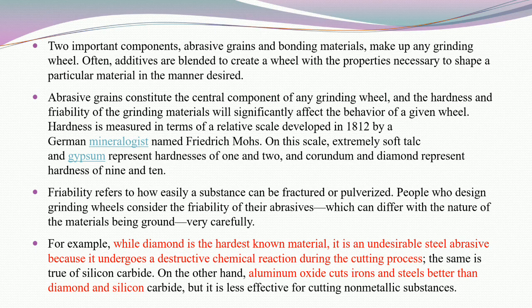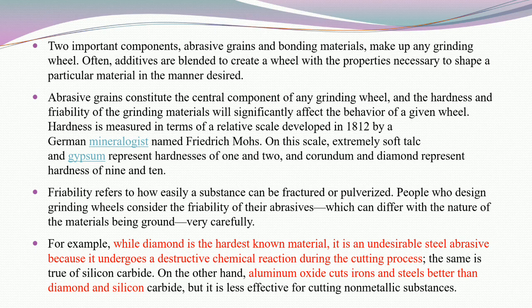People who design grinding wheels consider the friability of their abrasives, which can differ with the nature of the materials being ground, very carefully. For example, while diamond is the hardest known material, it is an undesirable steel abrasive because it undergoes a destructive chemical reaction during the cutting process.